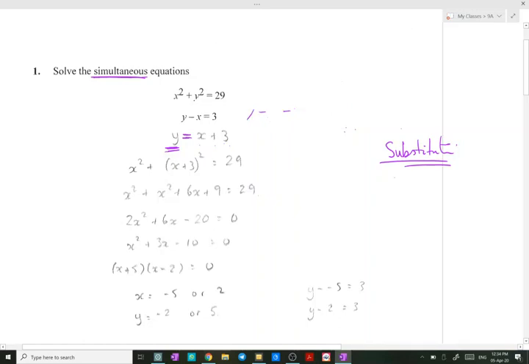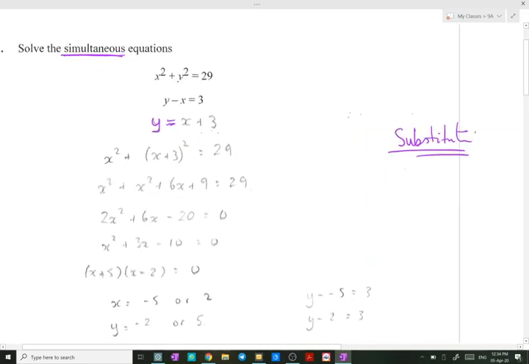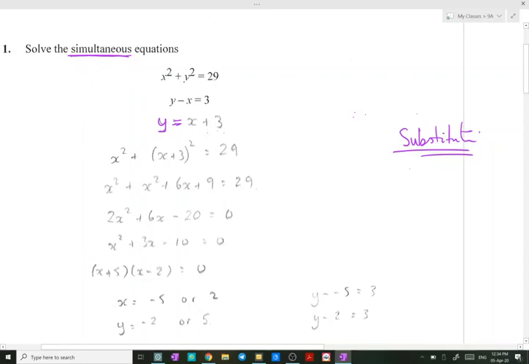So here we started with finding the value of y in terms of x, and then we replaced the value of y in terms of x in this equation, where it's x squared plus (x plus 3) squared equals 29. So we expand this perfect square.